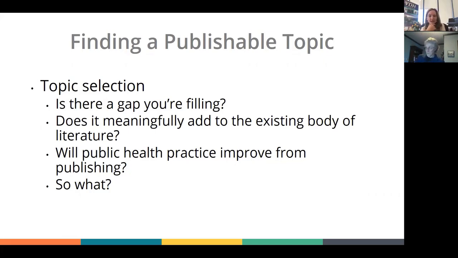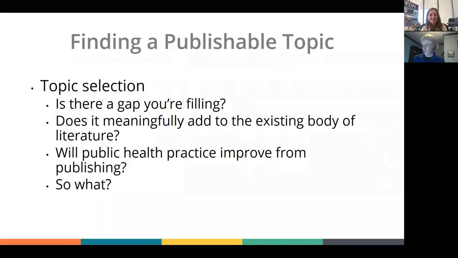And if you look at MMWRs, for example, in their summary table, it always says what is already known about the topic, what is added by this report, and what are the implications for public health practice. And that's really what I think most places are looking for when they seek a publishable topic.